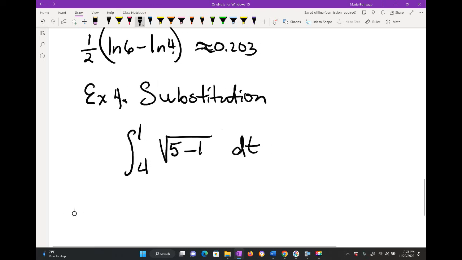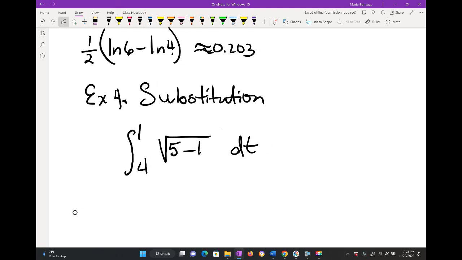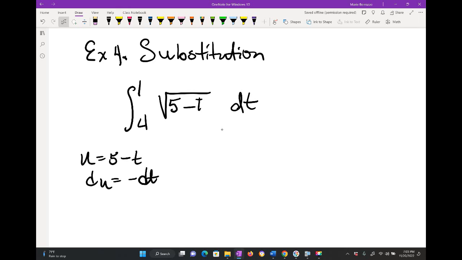The first thing they say is, in this case, let's substitute u as 5 minus t, and du is equal to negative dt. Okay, so here's your t value.